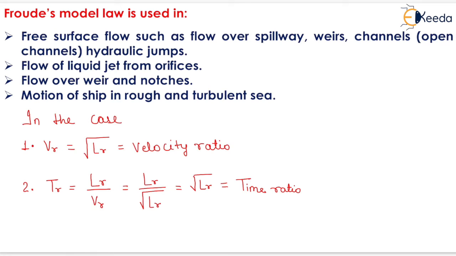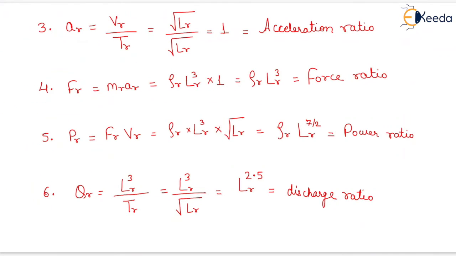Now in this case, Vr will be equal to under root of Lr, that is the velocity ratio, and Tr will be equal to Lr upon Vr, which will be equal to under root of Lr, that is the time ratio. Now next one will be Ar, which will be equal to Vr upon Tr, that is under root of Lr upon under root of Lr, equal to 1, that is the acceleration ratio.